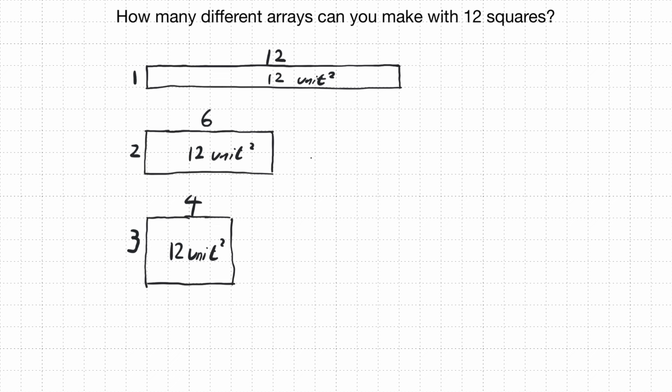I could show the 3 by 4 as being 4 by 3. And that would also be 12 unit squares. And I could show the 2 by 6 as being 6 by 2.